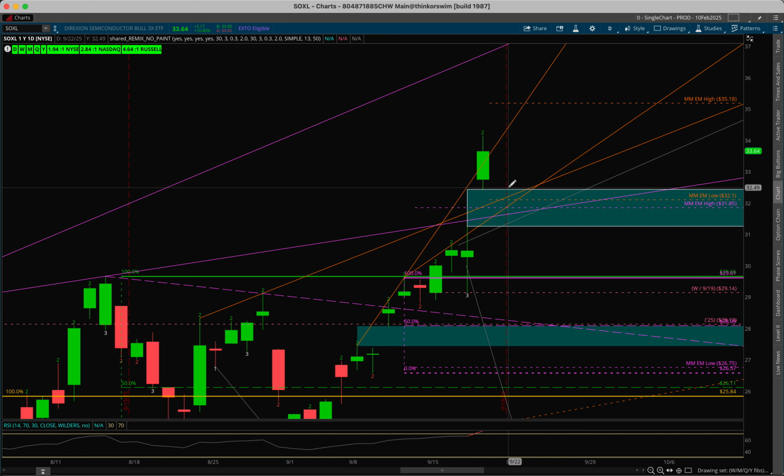Could that be a point of reversal to come back up? It doesn't necessarily have to be exactly at 32.10. Do we get somewhere around 32.10, 32 even, 31.90, something like that, halfway through the gap, even this 31.85, and then bounce to come back out of the gap? That's a very good possibility. We've shown in the past how it's happened multiple times. So be on the lookout for that.